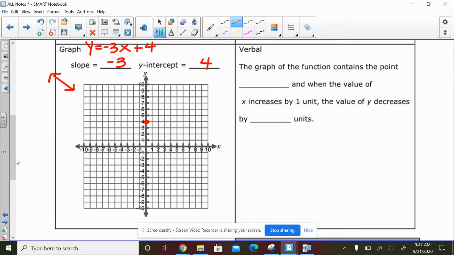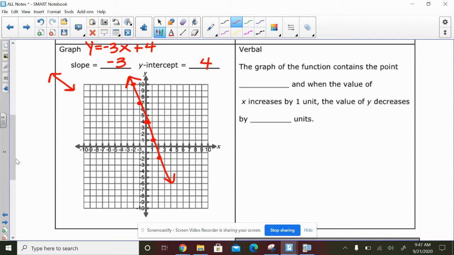Okay, I'm going to go up 1, 2, 3 over 1. Then up 1, 2, 3 over 1. And then I'm going to go down 1, 2, 3 over 1. And you'll just go in both directions like that. And there's your graph. And so you can always use your graphing calculator to make sure that's right.